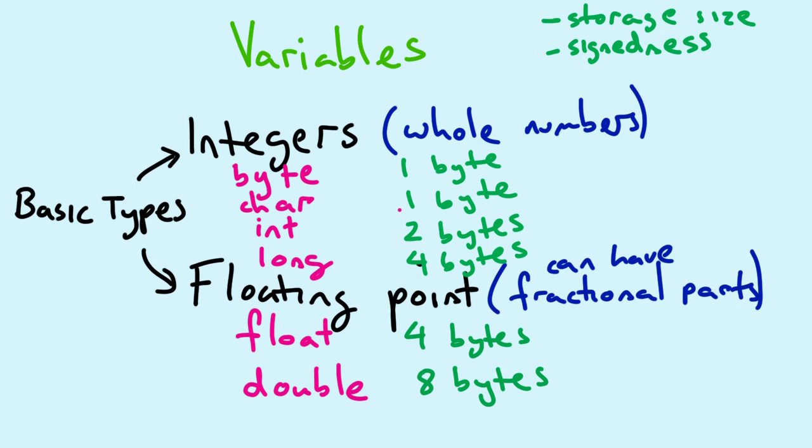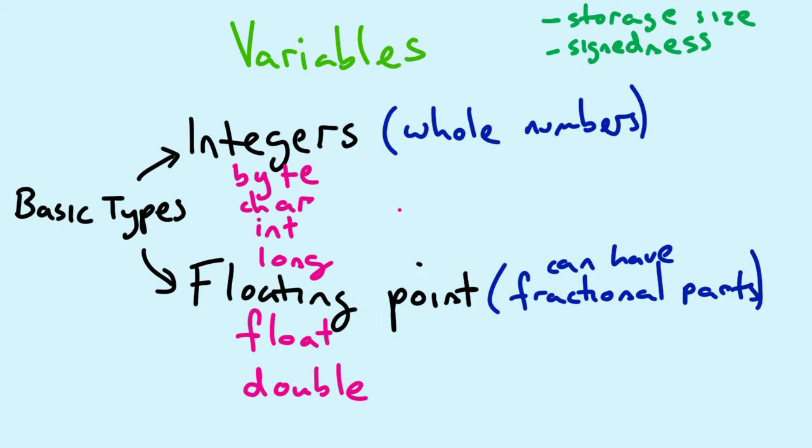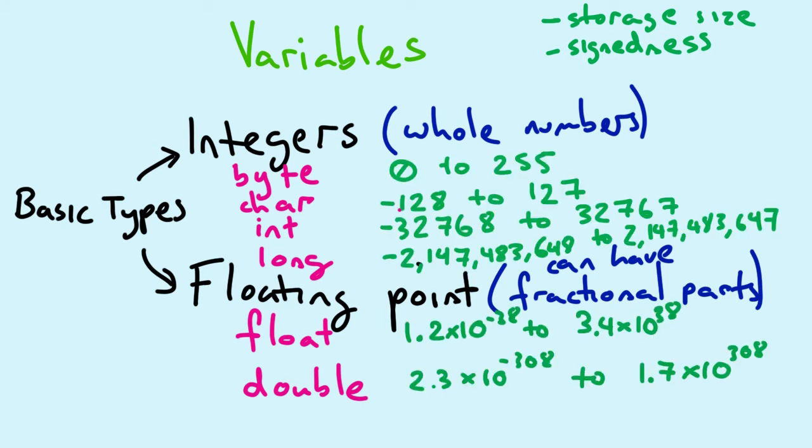Now, with the larger storage size, the range of numbers that the type can hold changes, as can be seen here. Now, one thing to note is that byte has a range from 0 to 255, whereas char has a range of -128 to 127, even though they are both 1 byte.